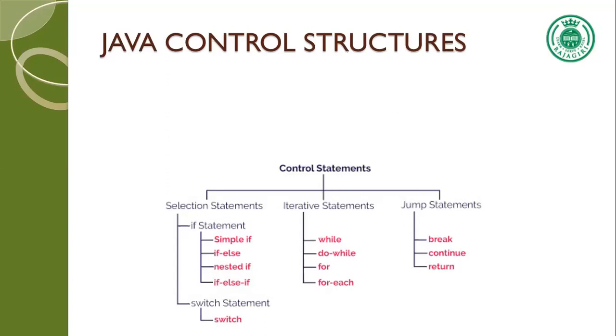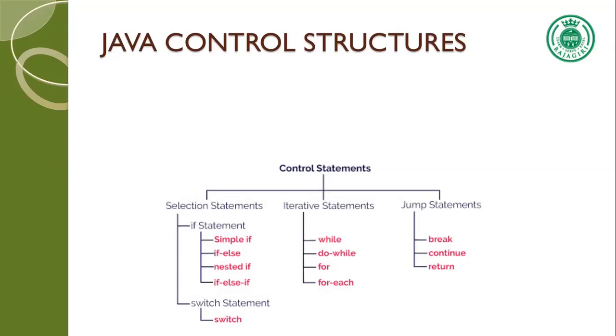Selection statements are categorized into 2: the if statement and the switch statement. We have several kinds of if in Java: the simple if, the if else, the nested if, and the else if ladder. For the switch statement, we have the switch case statement for selecting one out of many cases.